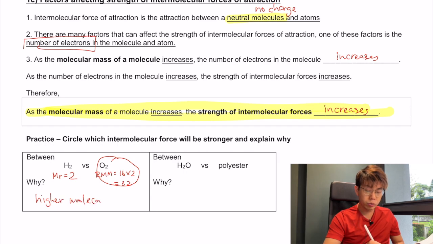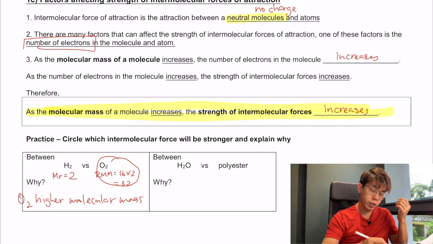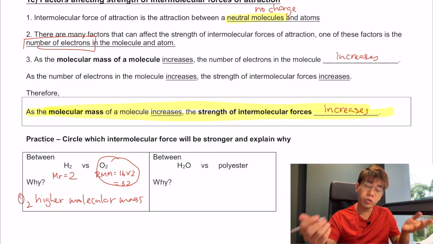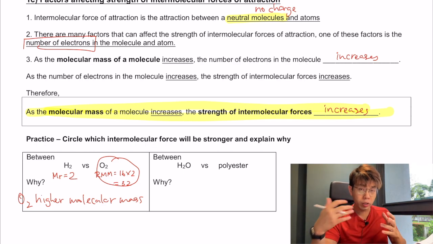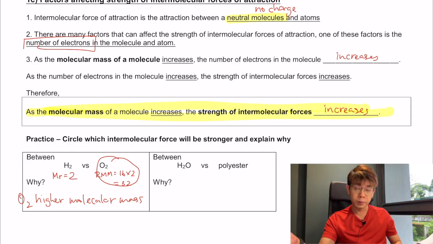Always remember to quote data, right? Data is very important. So O2 has a higher molecular mass, so therefore O2 has stronger intermolecular forces of attraction, more energy is required to overcome the stronger intermolecular forces of attraction, so O2 should have a higher boiling point.